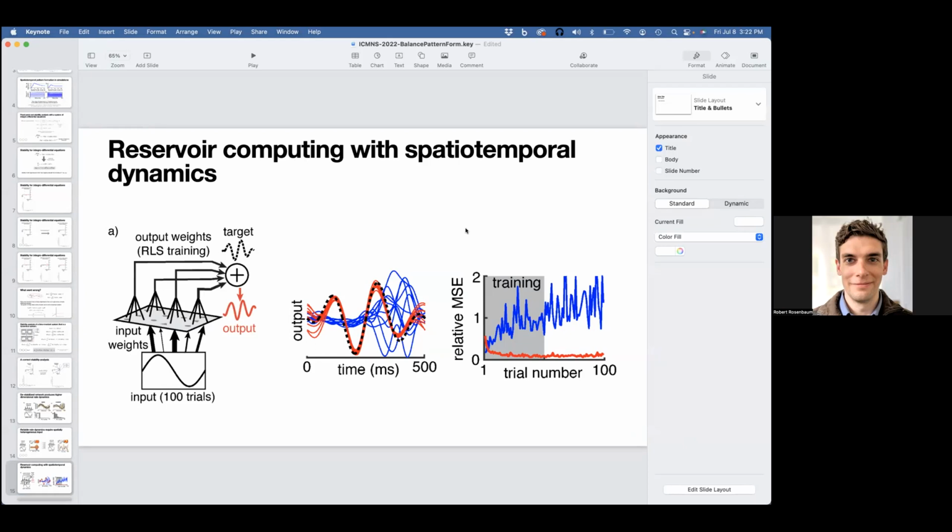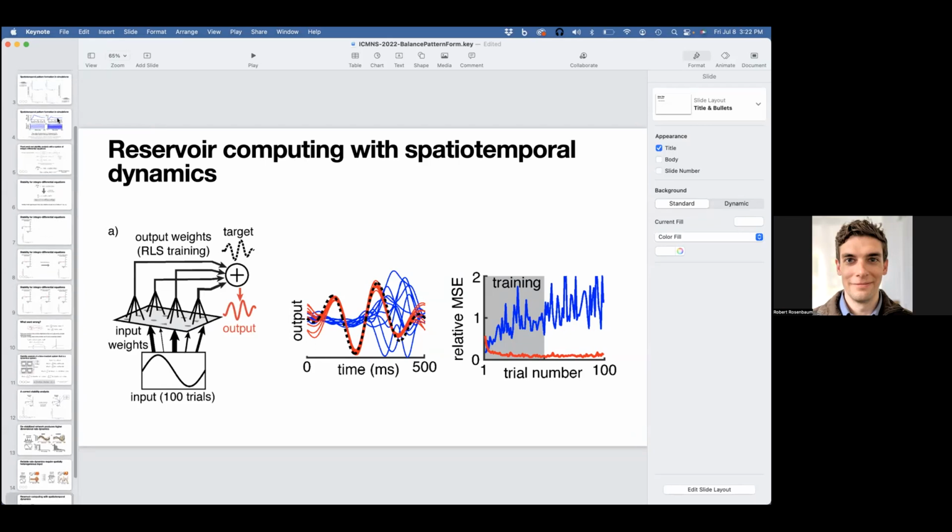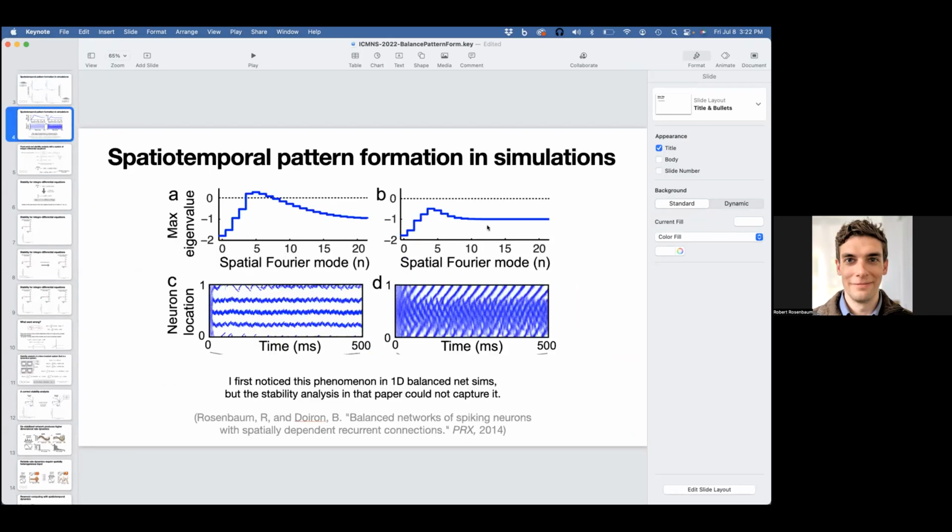Ernest asked if this is the failure of the firing rate equations to capture the Turing instability. So the firing rate equations capture the Turing instability, but not the Turing-Hopf. In the 1D equations, this is from a paper in 2014. On the left is a Turing bifurcation, and this was captured by the rate equations, the neural field equations, because you see a positive eigenvalue at a particular eigenmode.